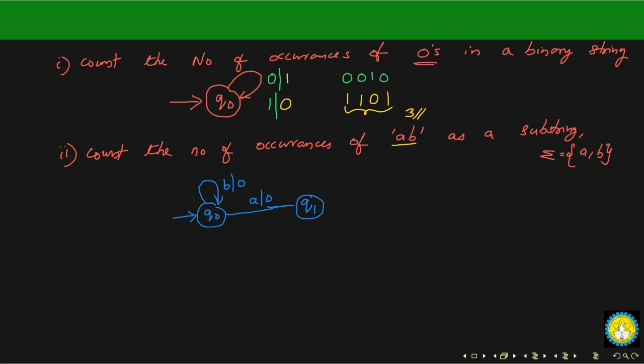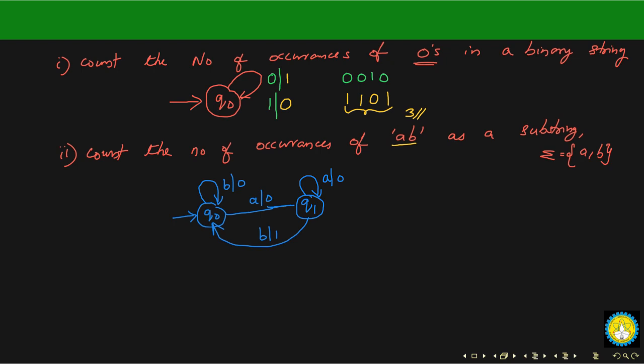If you see A's continuously at Q1, you will still generate 0. If you see a B, that means you have seen an AB pattern, so from Q1 you generate a 1. I think we have completed all the transitions from all the states: there are transitions on A and B from Q0, and on A and B from Q1.